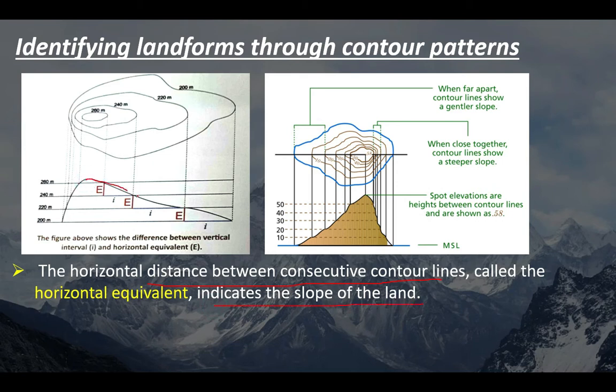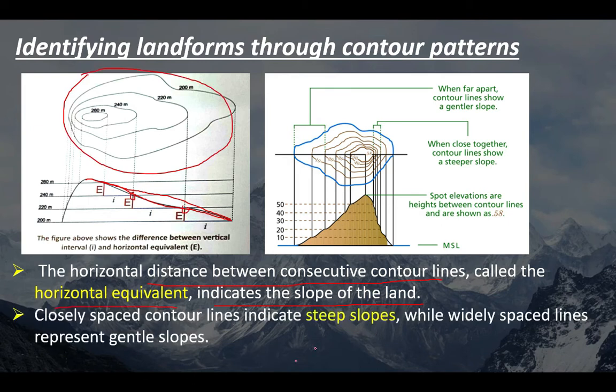From this area to this area, top to bottom, there is a slope. So how can we find the slope using these contour lines? Closely spaced contour lines indicate steep slopes, while widely spaced lines represent gentle slopes. So there are two types of slopes: one is steep slopes and the other is gentle slopes.